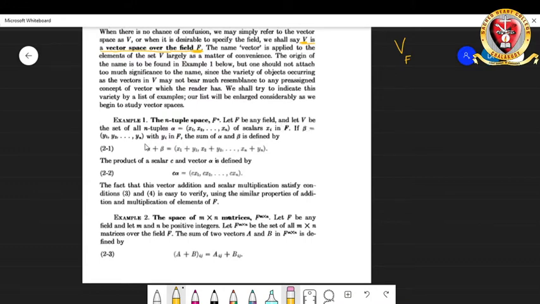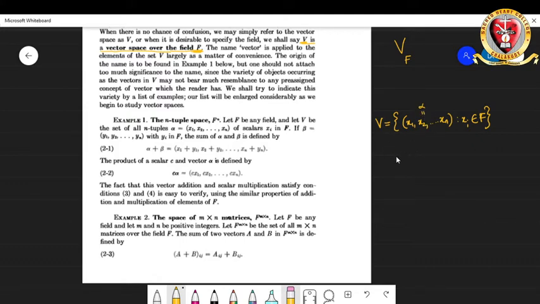Let V be the set of n tuples alpha equal to x1, x2, etc., xn, where each xi is coming from F. F is already given. You call it alpha for convenience.